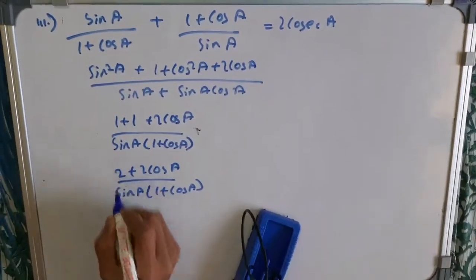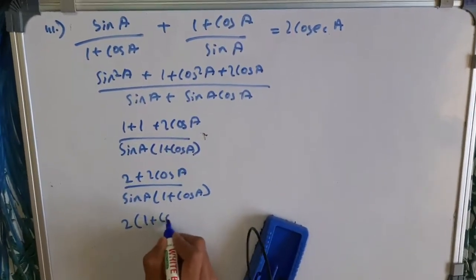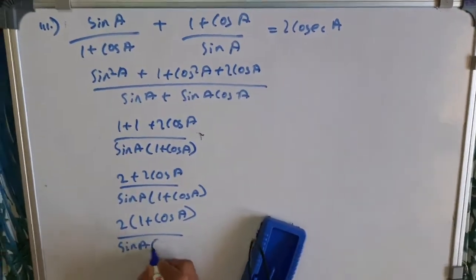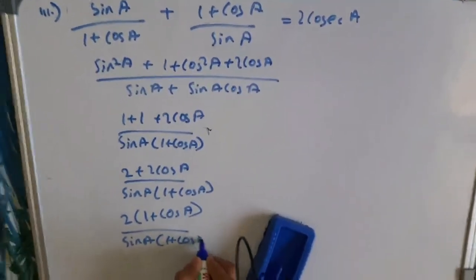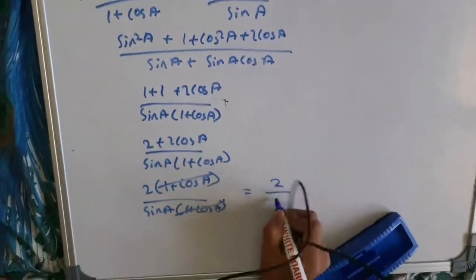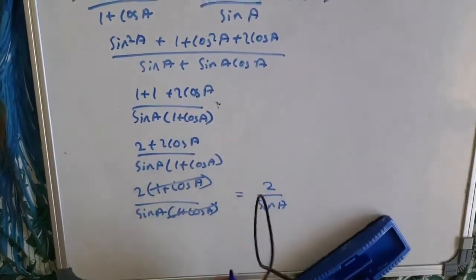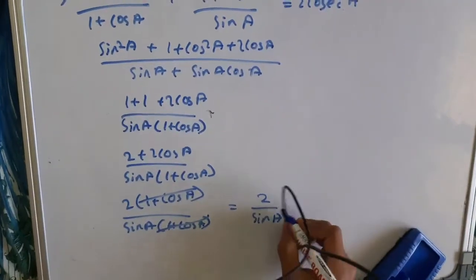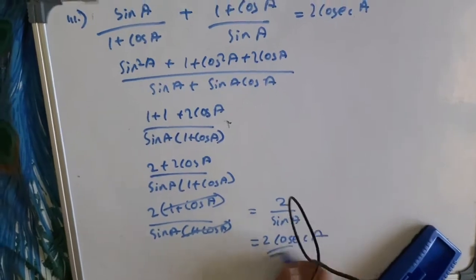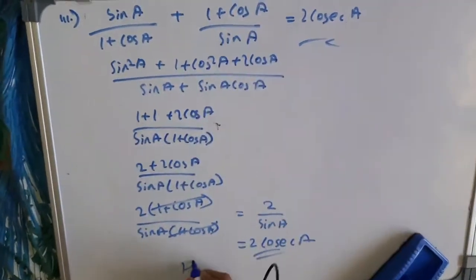Taking 2 common from here, 1 plus cos a again, and here also sin a, 1 plus cos a. Cancelling out these terms, 2 upon sin a. We know that 1 upon sin a is nothing but cosec a. So this would become 2 times cosec a. We are done. Hence proved.